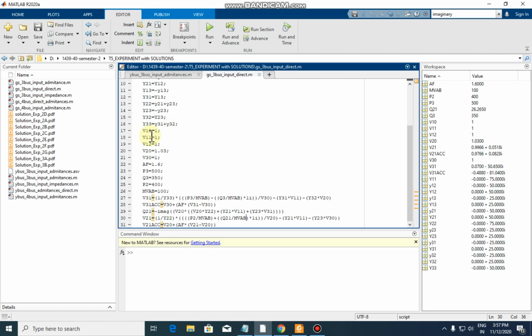After that, the values that we assumed or that are given, we can write here.